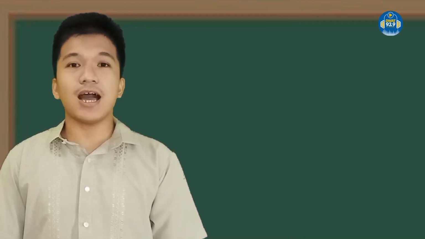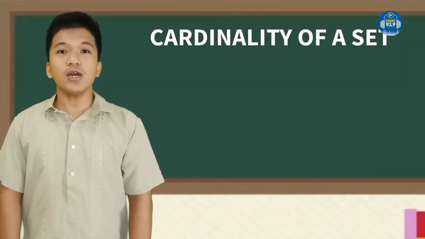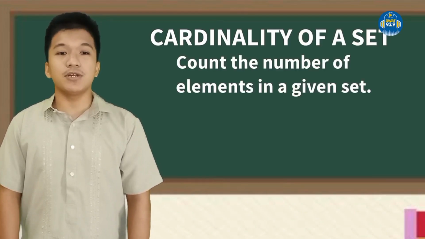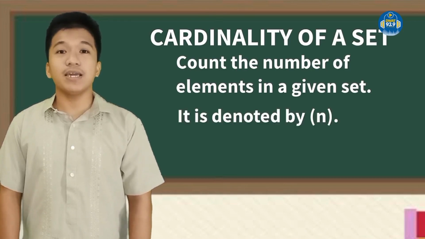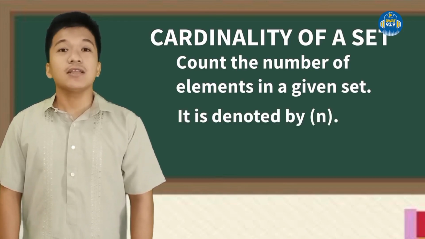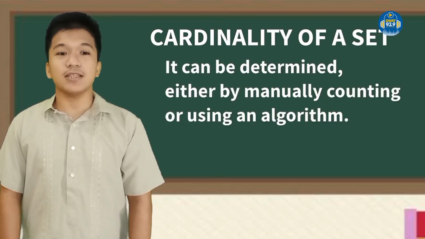Now, let's discuss the cardinality of a set. When we talk about cardinality of a set, that means we count the number of elements in a given set. It is denoted by a small letter n. The number of elements of the set can be determined either by manually counting or using an algorithm.